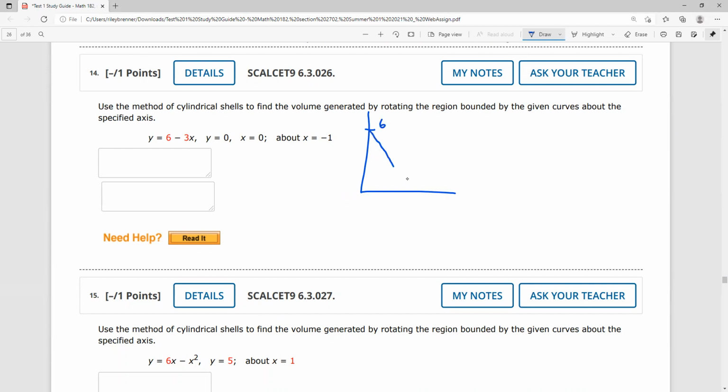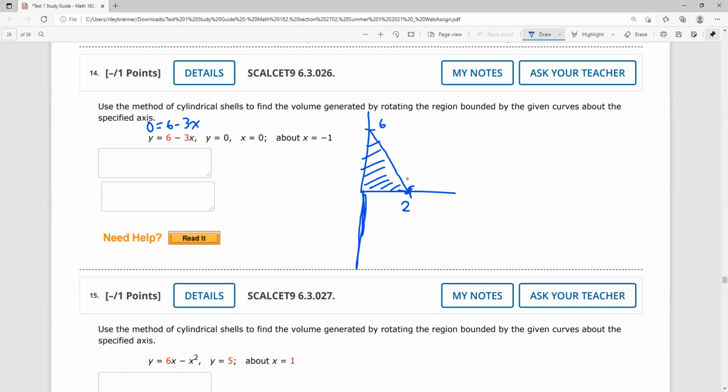We go down and I technically am cheating, but if you were to set this equal to 0, you'd realize that this is 2 right here, right? And then it's bounded by the y and x axis, so it's this triangle region. And we're rotating about -1.